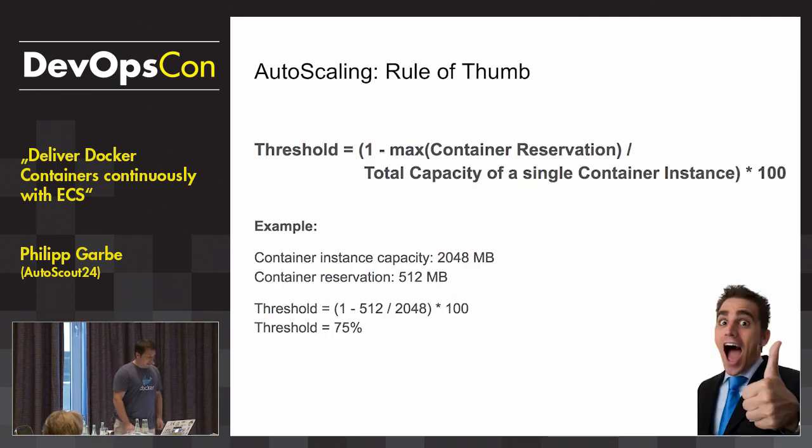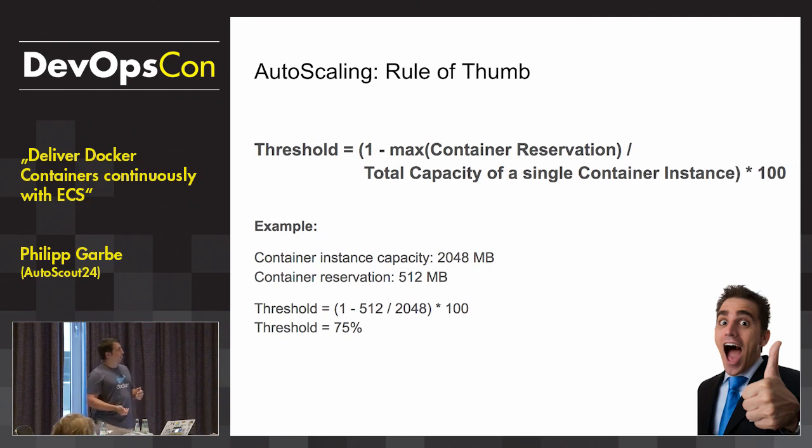So what we then came up with is that we said, okay, we have to find out when we have to scale out, or when we can scale in our cluster. And what we said is, okay, we need to know the maximum size of our containers that we want to run. So we have to define that.